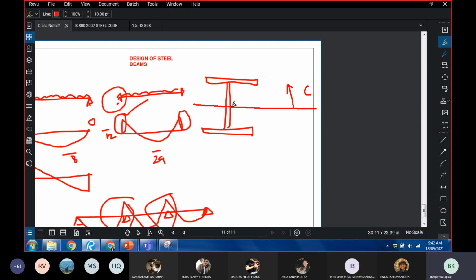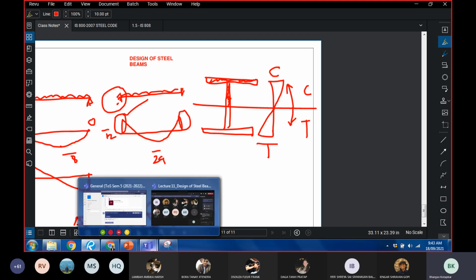Above the neutral axis, the portion of the beam would experience compressive stresses, and below the neutral axis, the beam would experience tensile stresses. There are compressive stresses here. There are tensile stresses here. So this portion of the beam is under compression, so there is a possibility that this portion of the beam might buckle, right? And that is why we talk about buckling in beams.